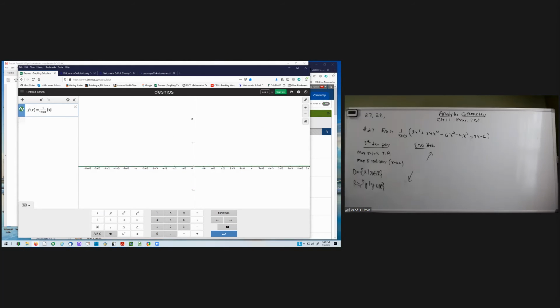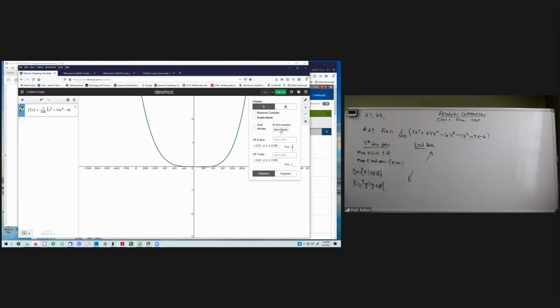And then let's put this x to the fifth plus 24x to the fourth minus 6x cubed minus 4x squared minus 9x minus 6. Now let's change these numbers down here so they don't look crazy like that anymore. I'll get rid of the pi's over here.